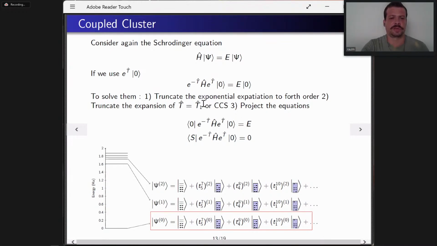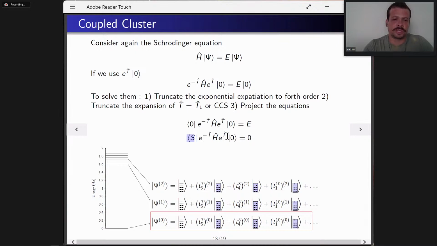After this approximation, we need to project the equations. Here I'm projecting the equations on the reference state and also on the single excited state configuration. So if we have this set of equations, what we're doing with the first equation is obtaining the energy.